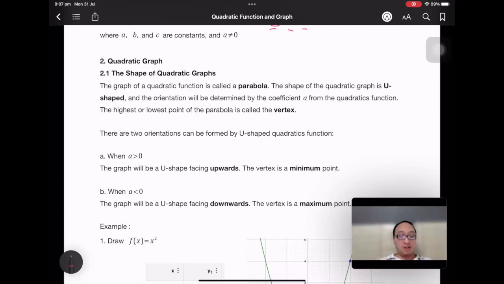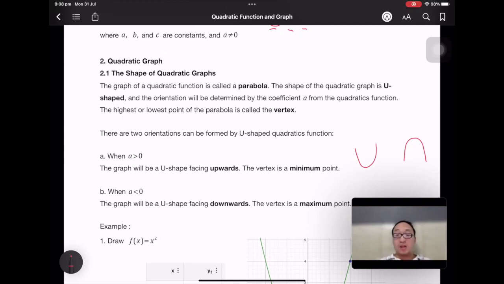Now, the quadratic graph has a shape called a parabola. The shape is a U shape, and it has two orientations. It can be a U shape facing up, or an N shape, or U shape, facing downwards.